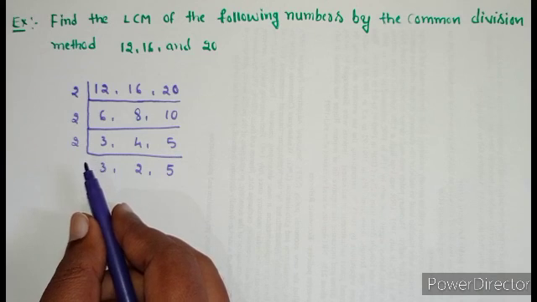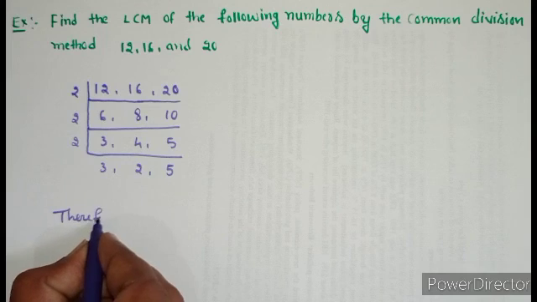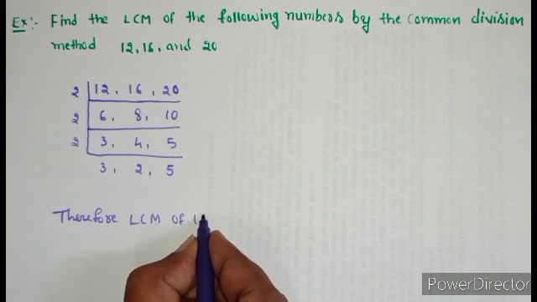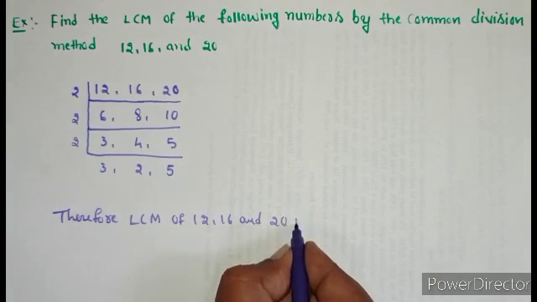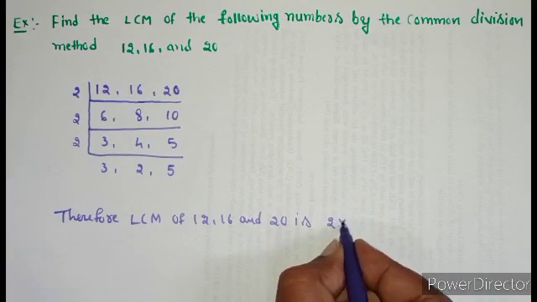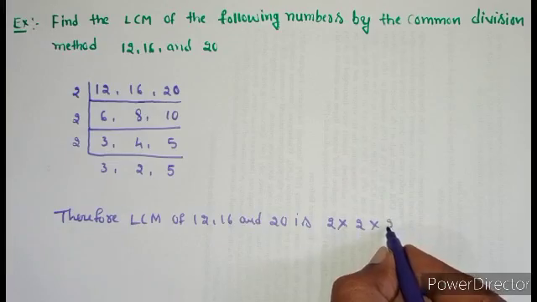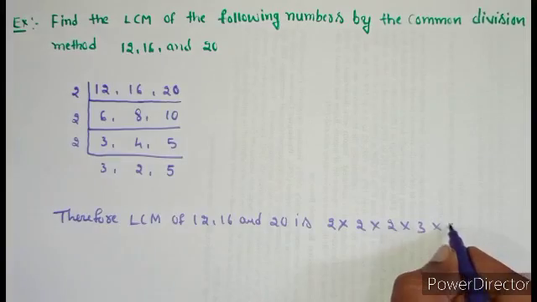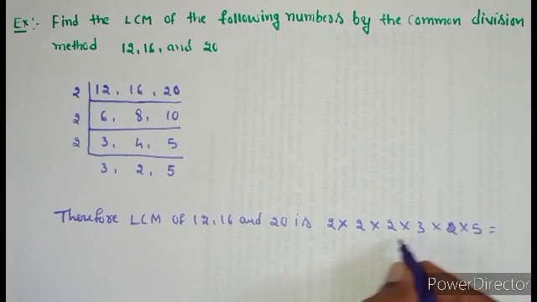So therefore LCM of 12, 16 and 20 is, all of you see here, 2 into 2 into 2 into 3 into 2 into 5. Okay, now I am going to multiply.